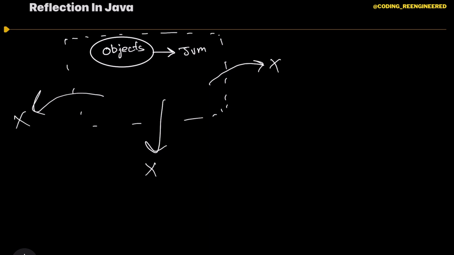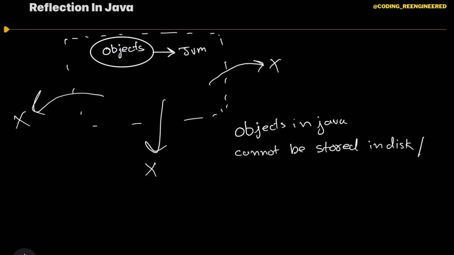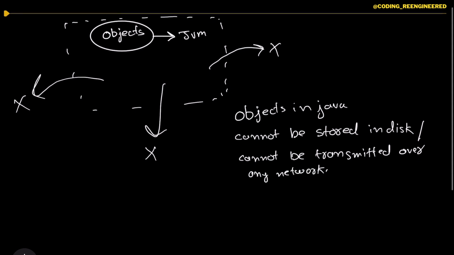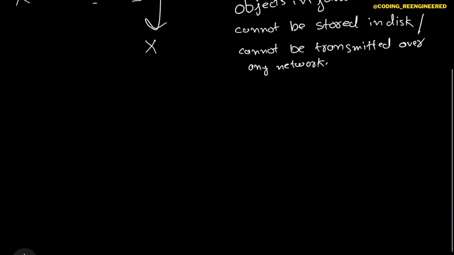So objects are not known outside JVM. So what does this mean? It means objects in Java cannot be stored in disk or transmitted over any network, right? But we are also aware at the same time that this particular functionality does happen.